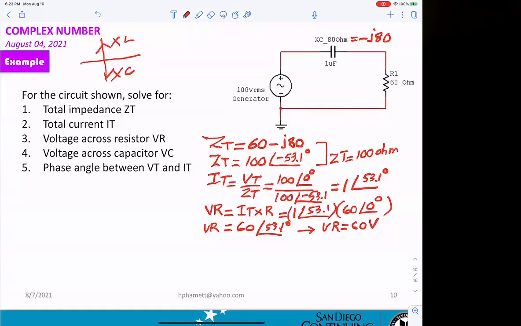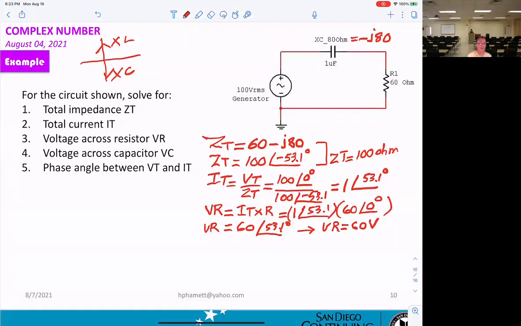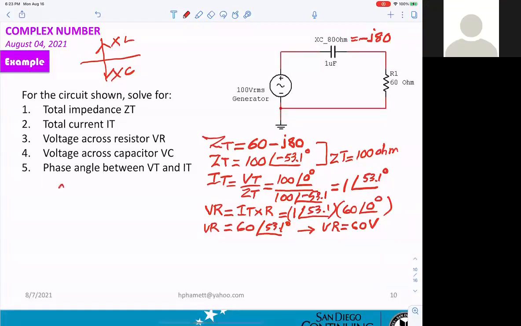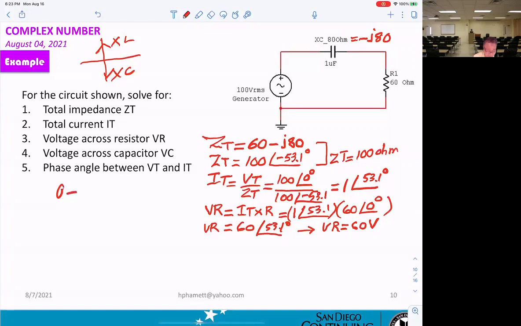The angle will be 0 plus 53.1, that's why you get 53.1. Okay, right.